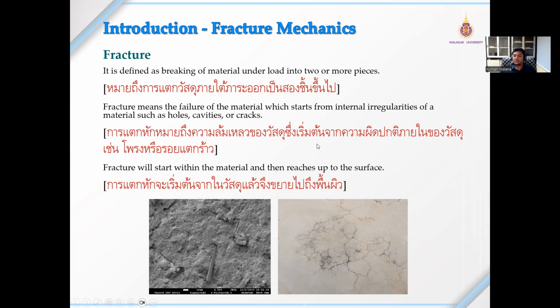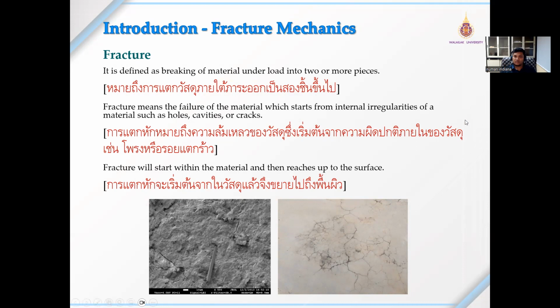So fracture means a failure of material which starts with the internal irregularities. For instance, if I apply the load, first it will break in its internal irregularities. Irregularities means it will be unstable internally. Then it will appear on the outer surface.